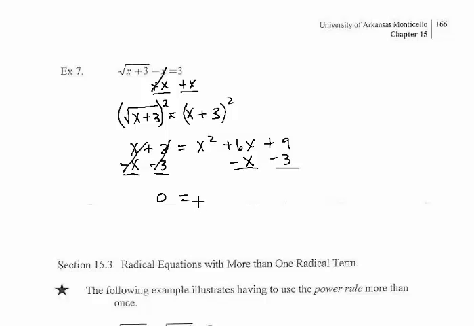That leaves us with a 0 on the left, and on the right, x squared plus 5x plus 6. At this point we factor.